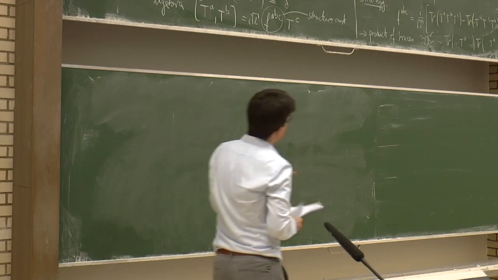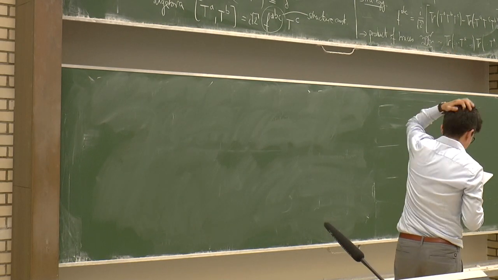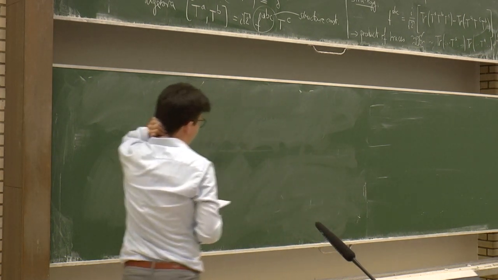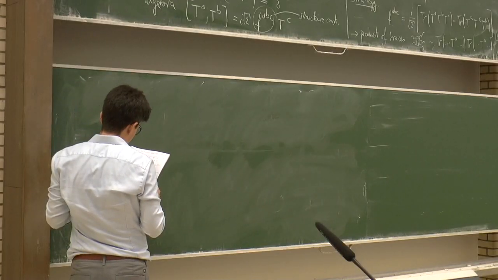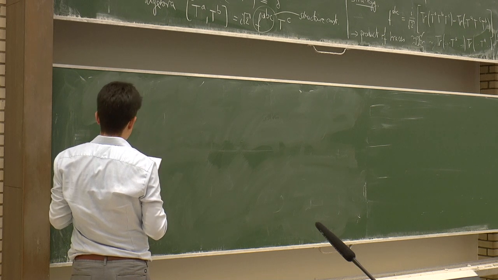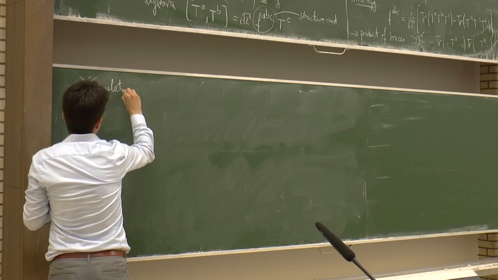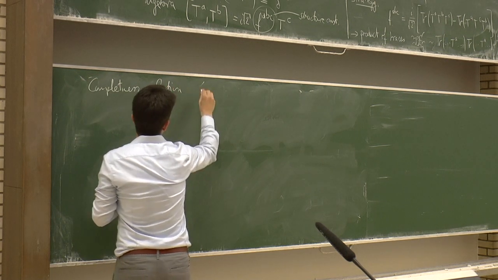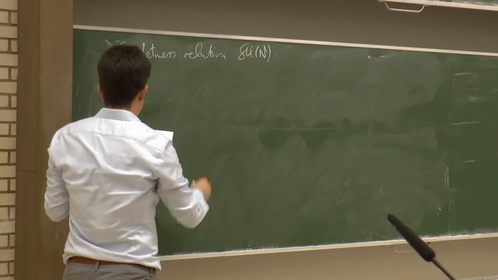So now, I told you that we have these contractions between indices that, for instance, come about when you have a propagator. So now this allows us to simplify the expressions, and for this we can use the completeness relation for SU(N), or for U(N).